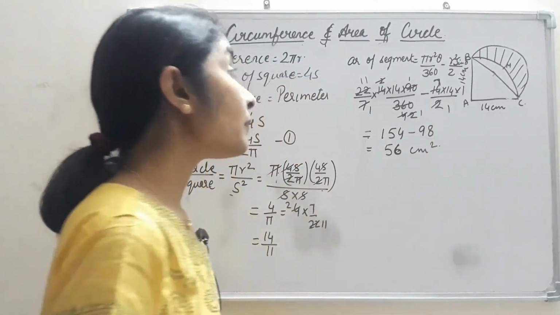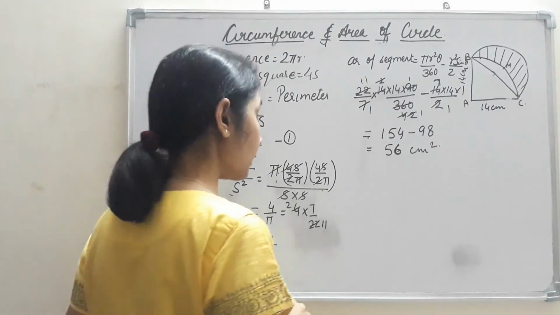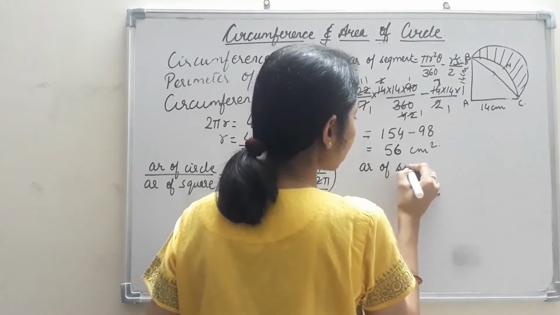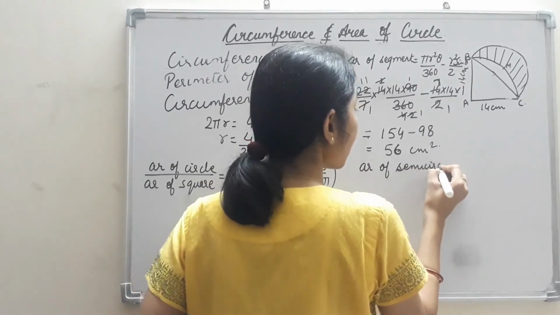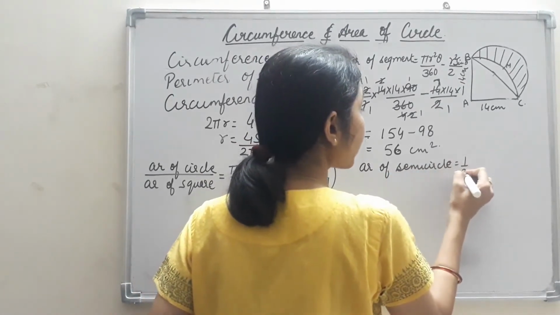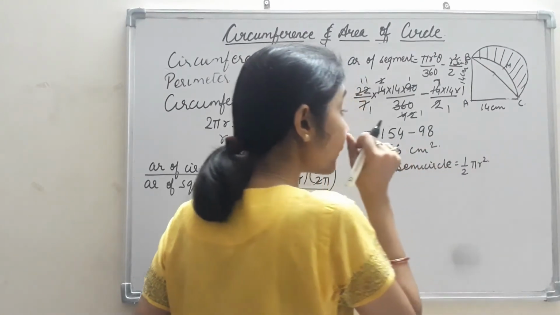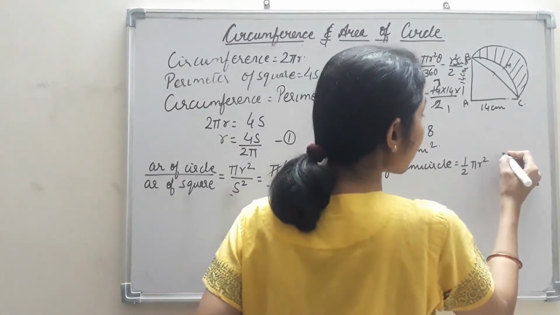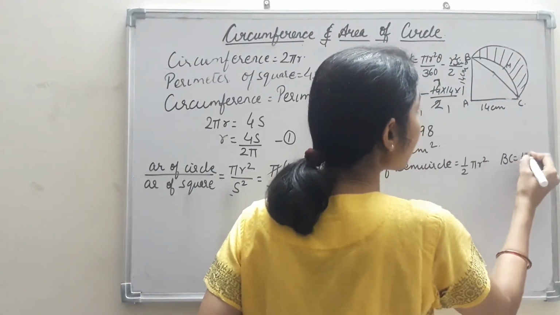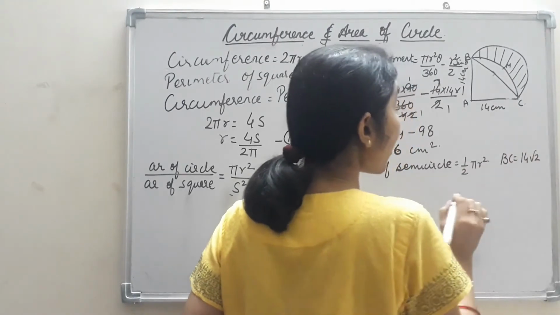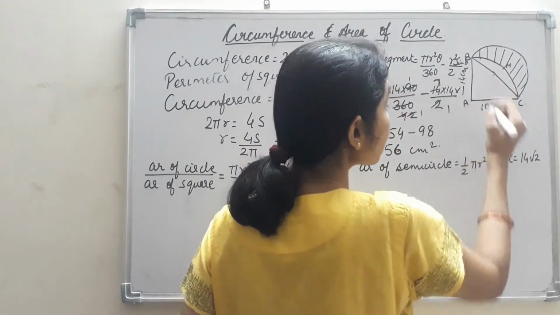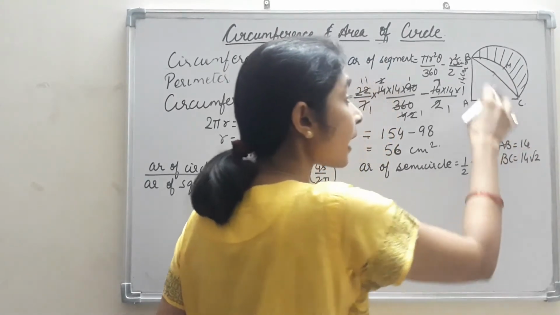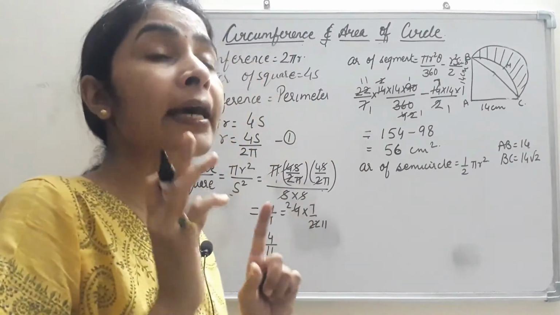Now what we are supposed to find is the area of the semicircle. The area of the semicircle is equal to half pi r square. Now the main thing is the radius here. BC is equal to 14 root 2. How? Because AB is equal to 14, and BC is the hypotenuse of an isosceles right triangle.